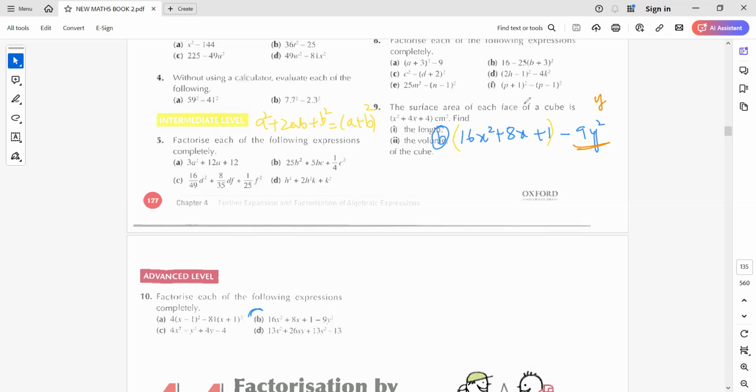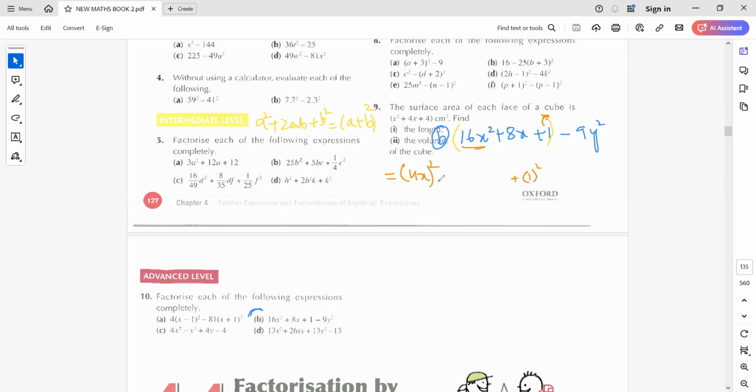So what we can do is combine these three terms, and we can see that since the first term 16x squared is a perfect square of 4x, the last term in that combination is 1, that is a perfect square of 1, and in between now 8x.